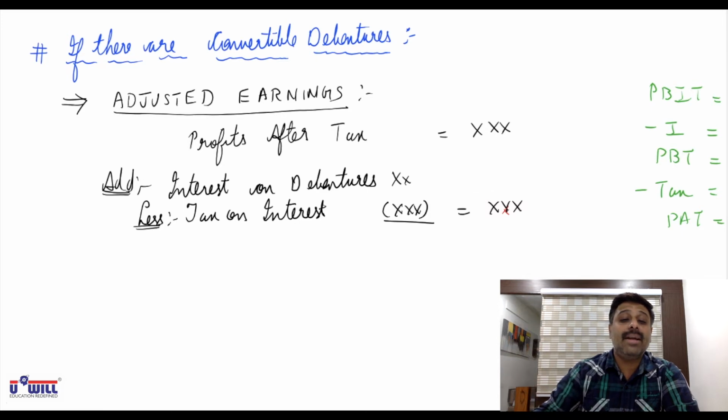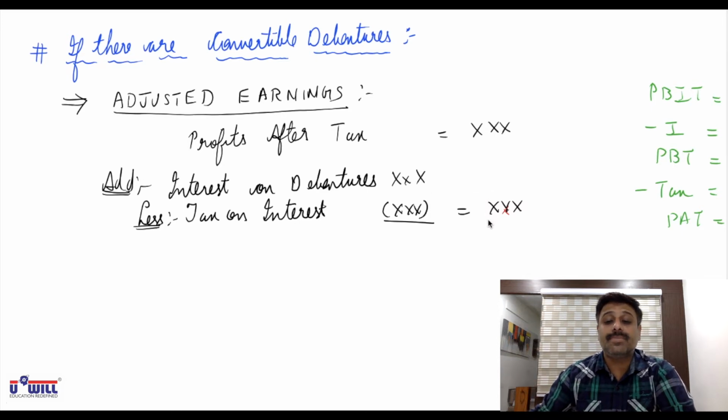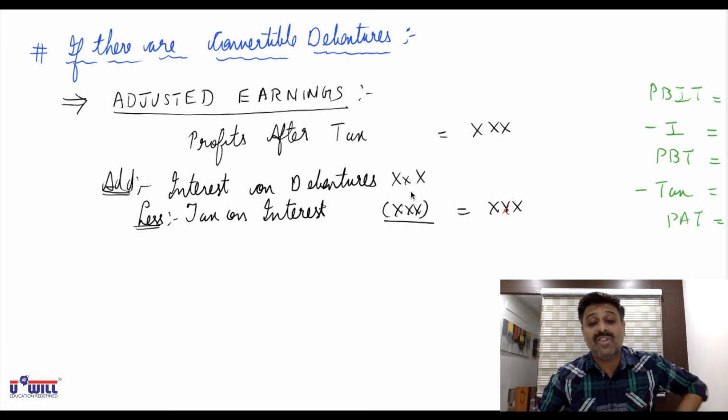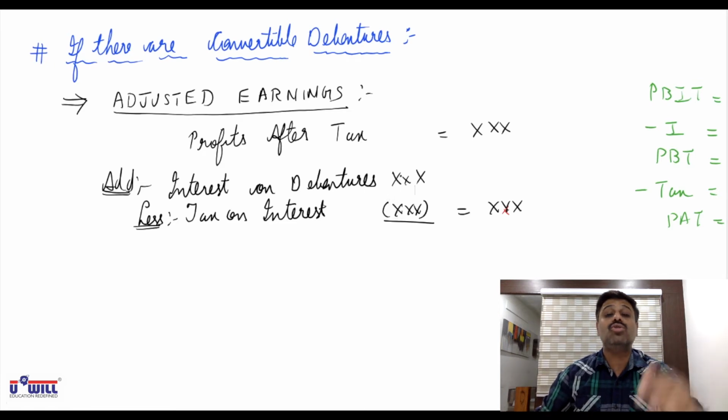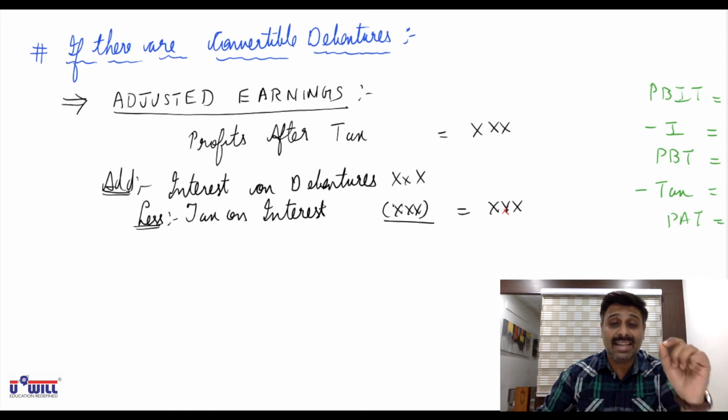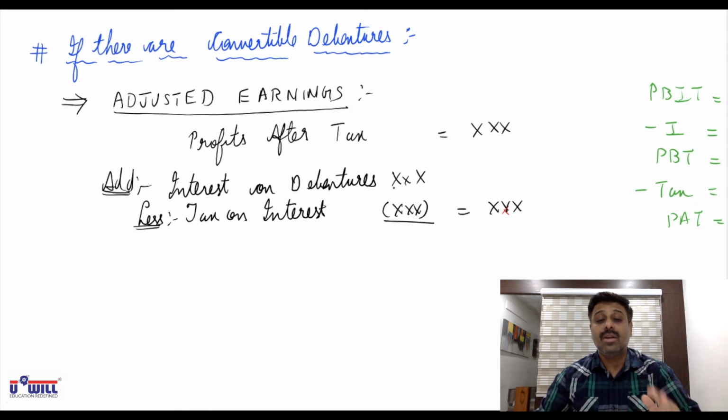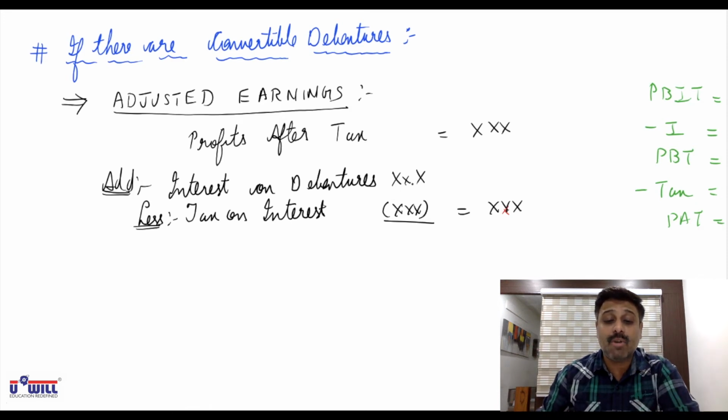So keep this in mind, that in future we will save interest by converting debentures into equity shareholders. So profits will increase by interest on debentures. However, simultaneously our tax burden will also increase because interest is a tax saving expense. So overall profits will increase by what amount? Interest minus tax.